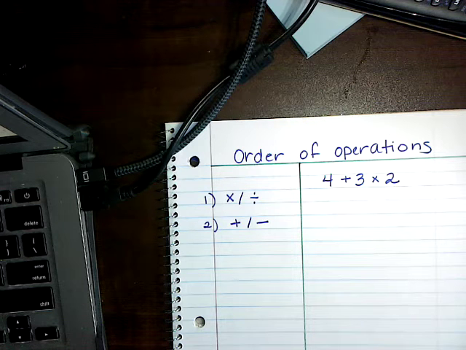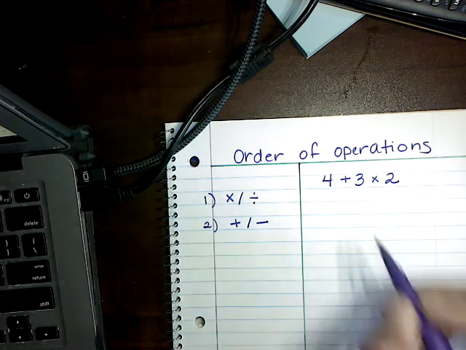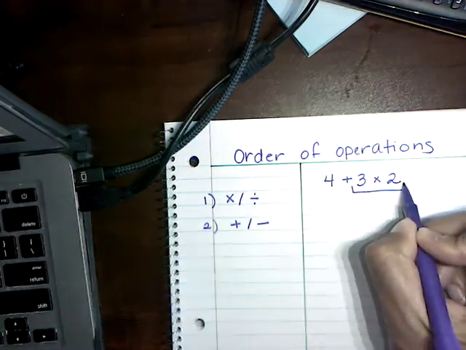So when you look at that problem there, step 1, you multiply or divide. Which one do you have? You have a plus and you have multiply. So here tells you to do what first? Multiply. So you have to do this first.